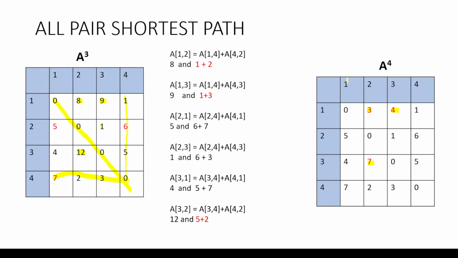So we can see between 1 and 1 the shortest path is 0, 1 and 2 the shortest path is 3, 1 and 3 the shortest path is 4, 1 and 4 the shortest path is 1.